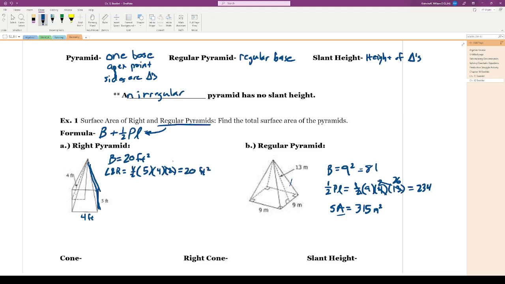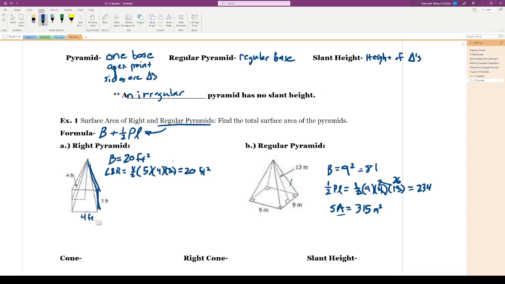The challenge is going to come in with these front and back faces. So what we need is the height of this triangle along this slanted face. Now, let's see, how are we going to figure that? We know that this triangle is 2 feet wide right here. All right, so I think this is a several step process.